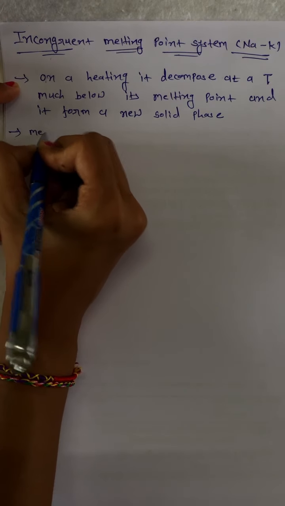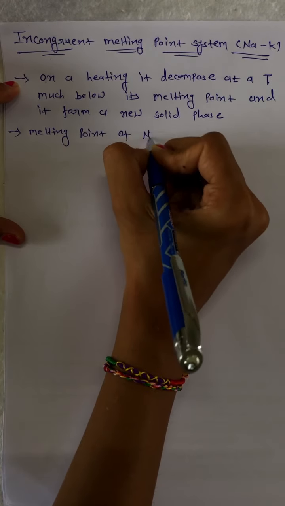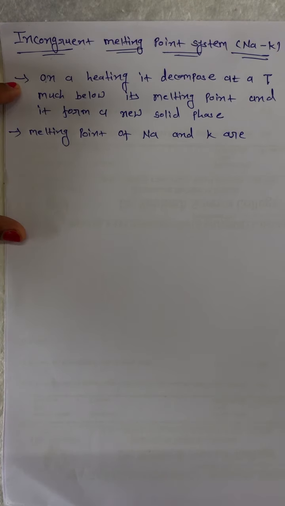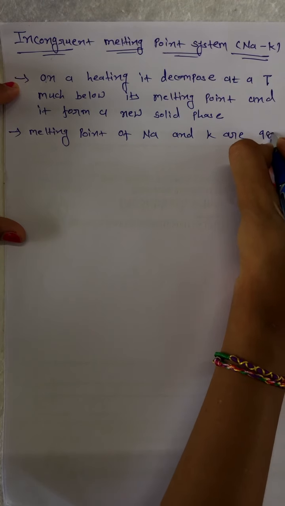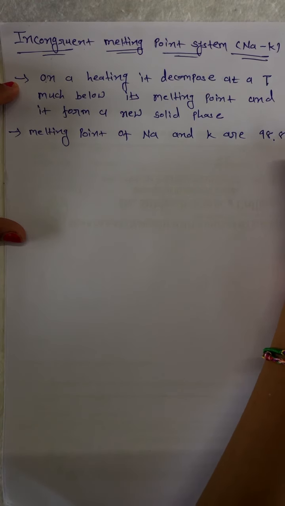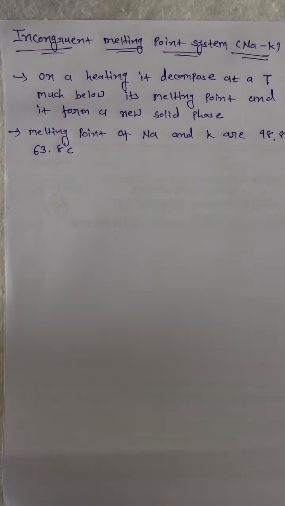So the Na and K system is a 2-component system having an incongruent melting point, and the melting points of sodium and potassium are 98.8 degrees Celsius and 63.8 degrees Celsius, right?